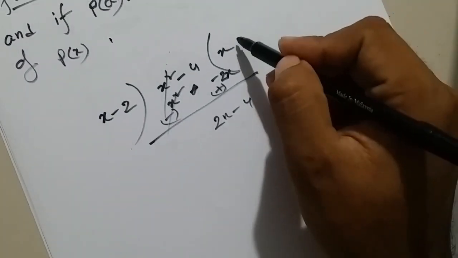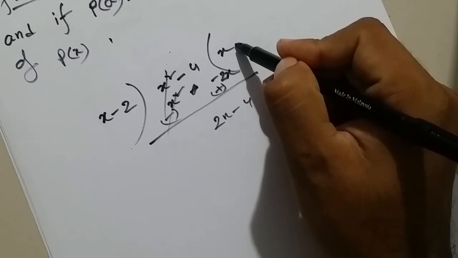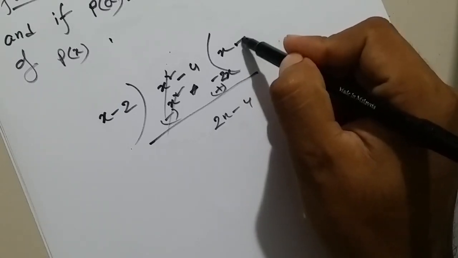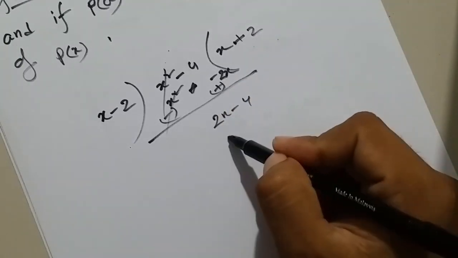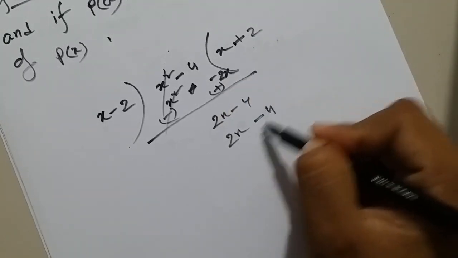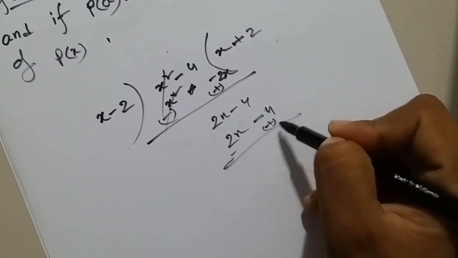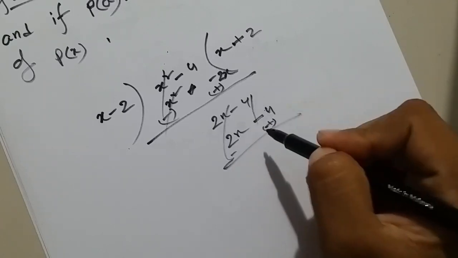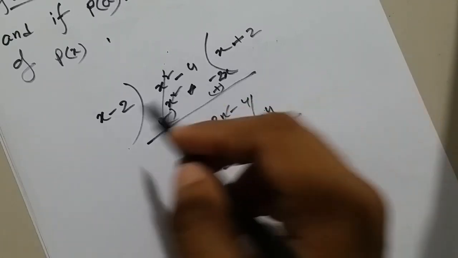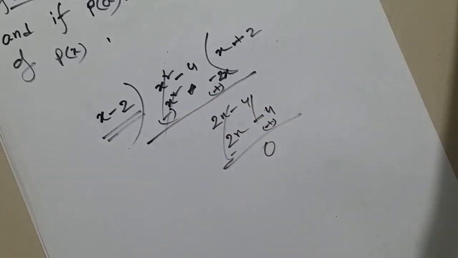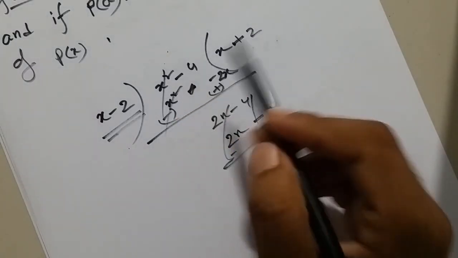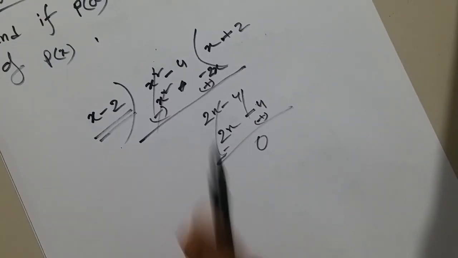Now x plus 2, then 2x minus 4. The remainder is 0, so x minus 2 is a factor of x square minus 4.